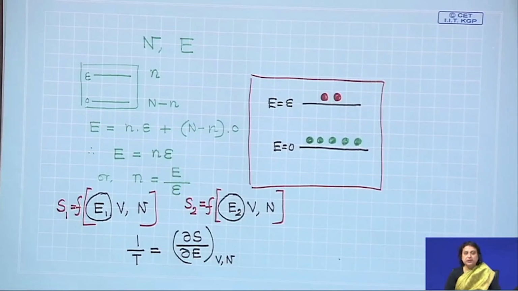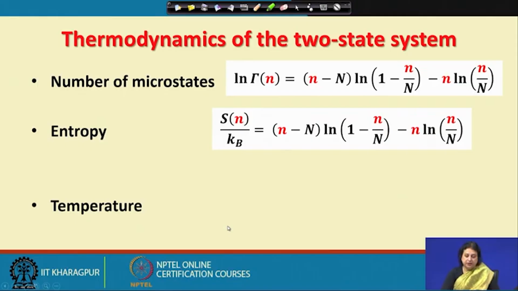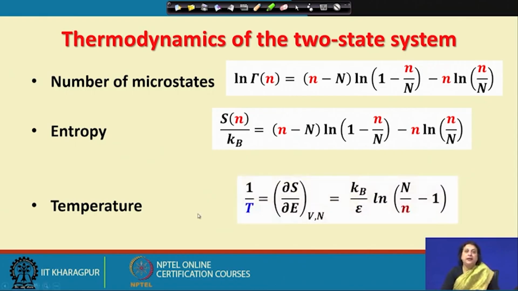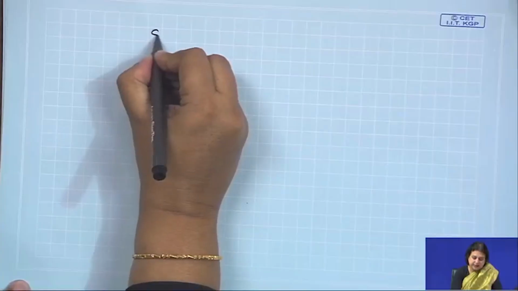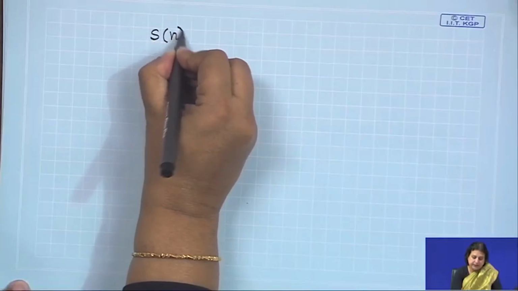Okay. So, this is the result that I am going to use next to try to see what the value of temperature is. Now, if I know S, then I am going to use the definition del S del E at constant V, n. Now, look at the expression of S that we have. We now know S as a function of small n.